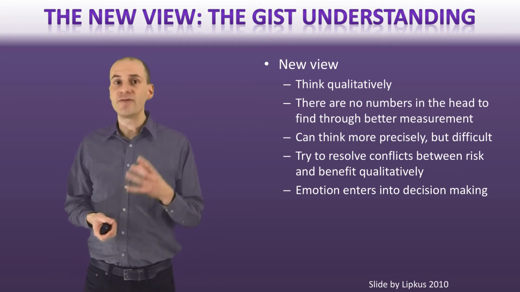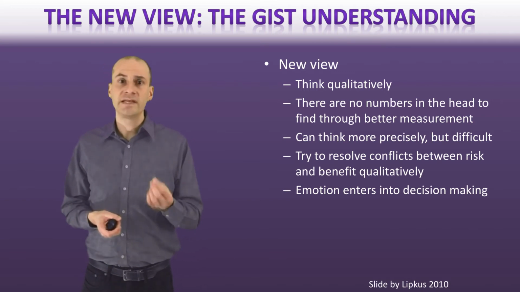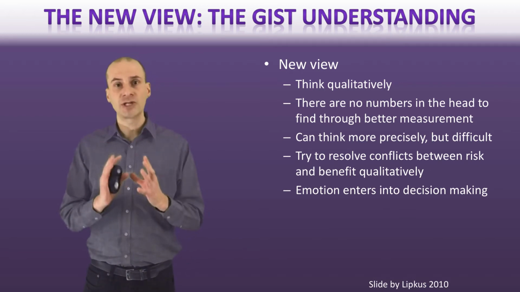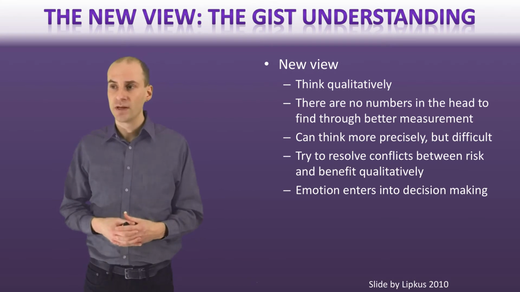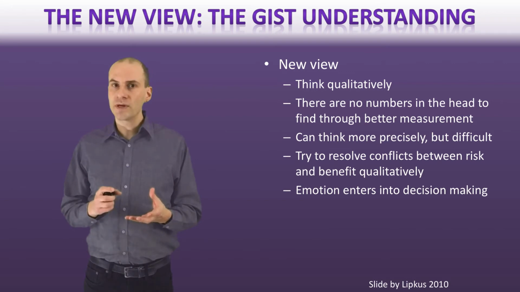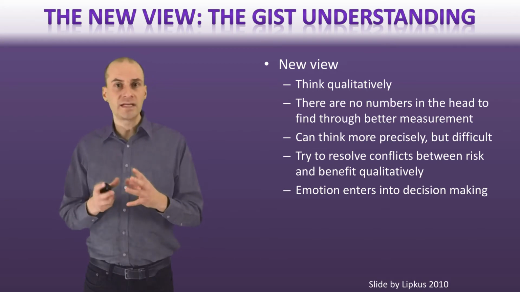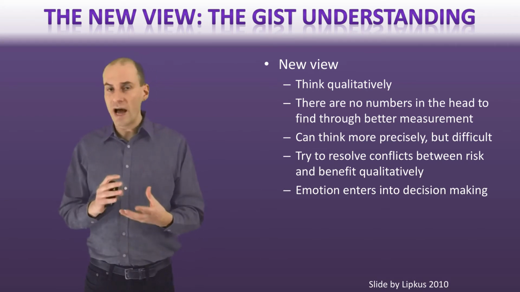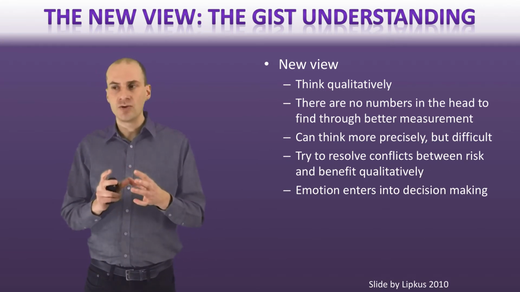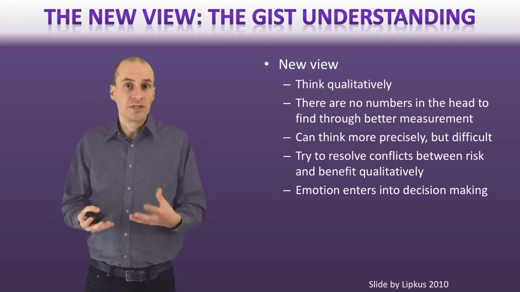Now, that isn't to say that you can't get people to look at numbers and think about numbers, but it's just really difficult for people very often. It's just not an intuitive way to take this very rational mathematical approach to making decisions. So what they do as they're trying to think about this is take the numerical risks and think qualitatively about them, to assess them in terms of their values and their concerns and their emotions that influence their overall decision.